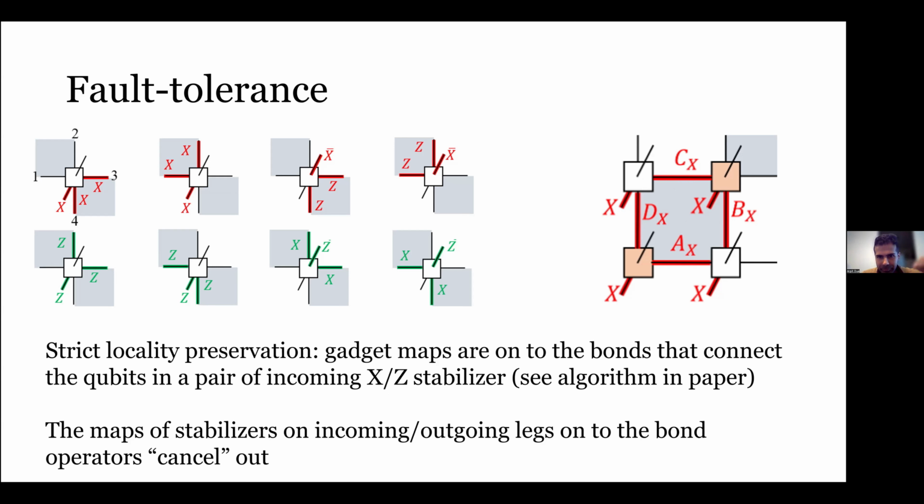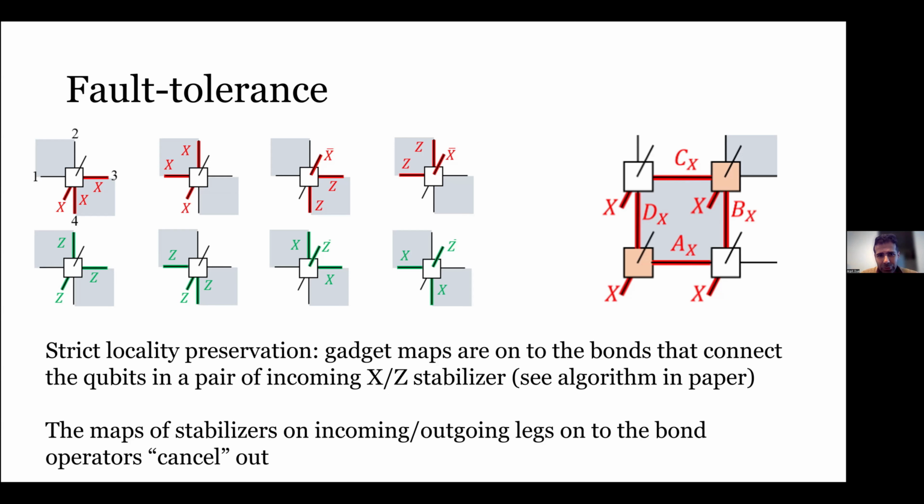That's the reason for physically measuring these stabilizers. That's the mathematical representation of how these stabilizers get measured inside the space-time dynamics specified by the gadget.